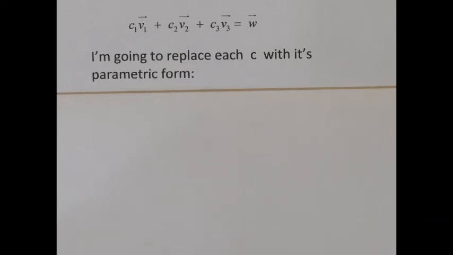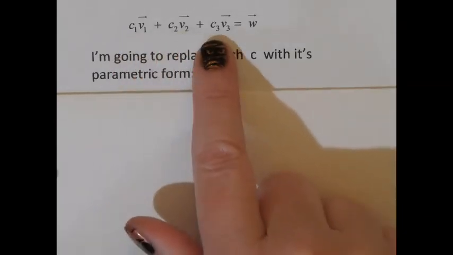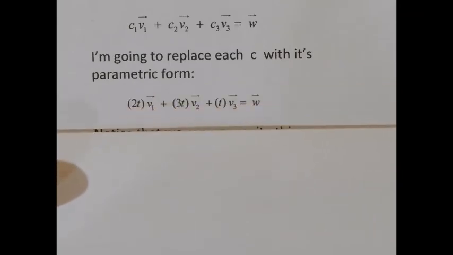What I'm going to do is replace each C, in other words C1, C2, C3, you can also call this C sub n, with its parametric form or parametric representation. So I'm going to replace C1, C2, and C3. Now I have 2t times vector 1 plus 3t times vector 2 plus t times vector 3 equals vector w.